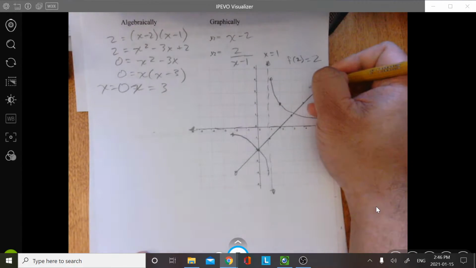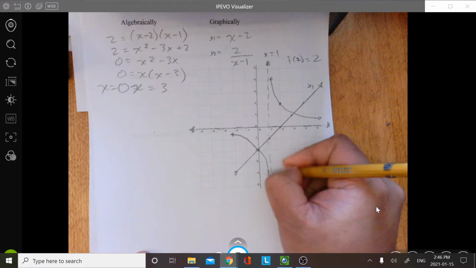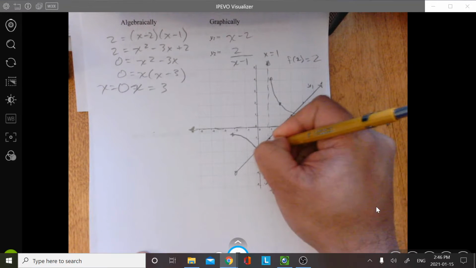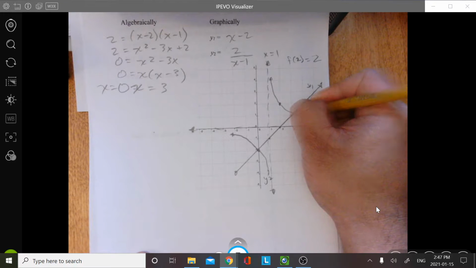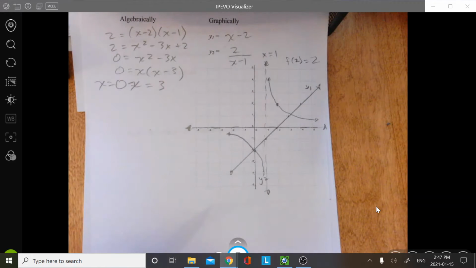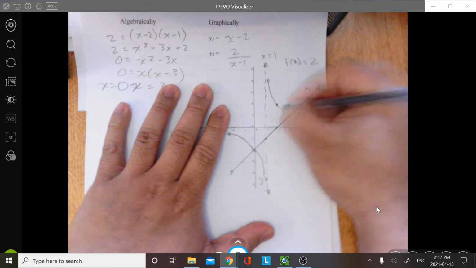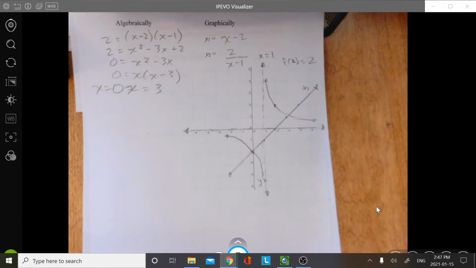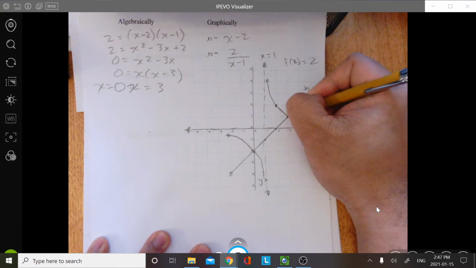So this is going to be y1. This over here is y2, right? So here's one solution, and they should have intersected here. So let me just redraw my banana so that it crosses that way.